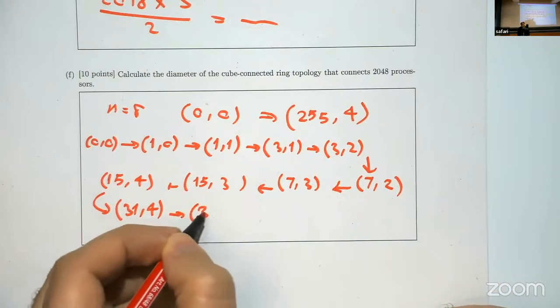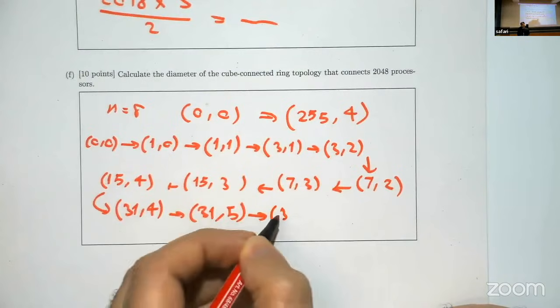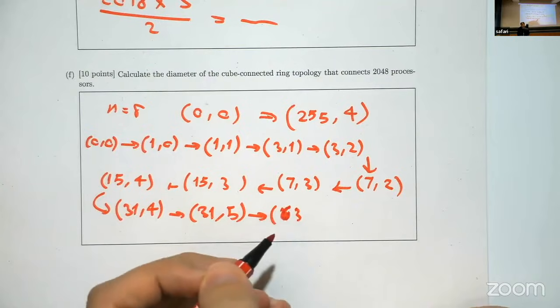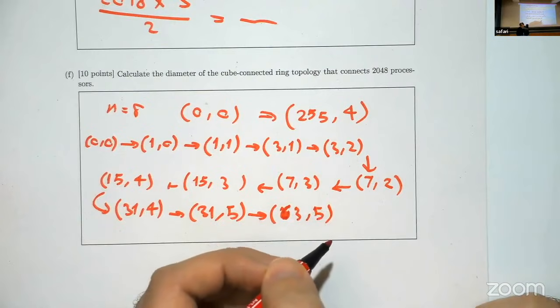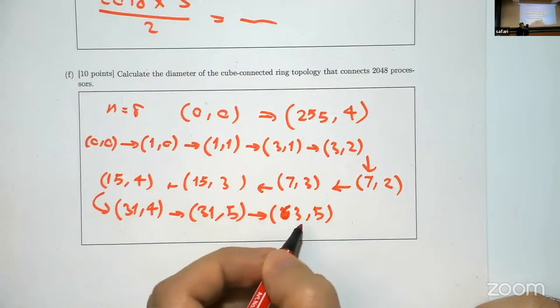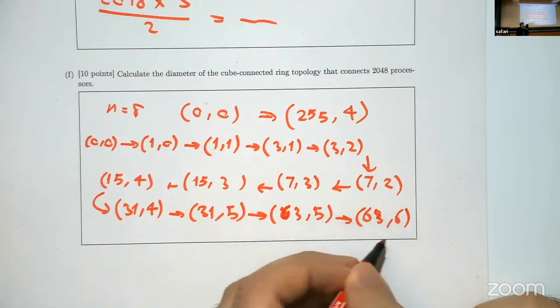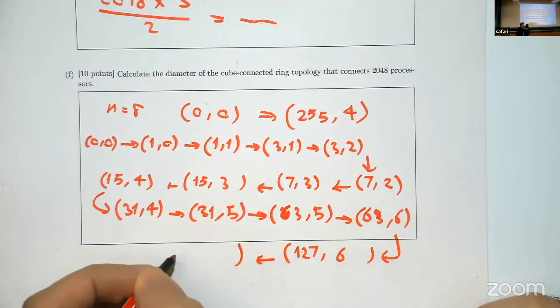Then we go another one in the ring. Then we go another one in the hypercube, which is 63. And then another one in the ring. Another one in hypercube. Another one in ring. Now we should go back, basically, right?